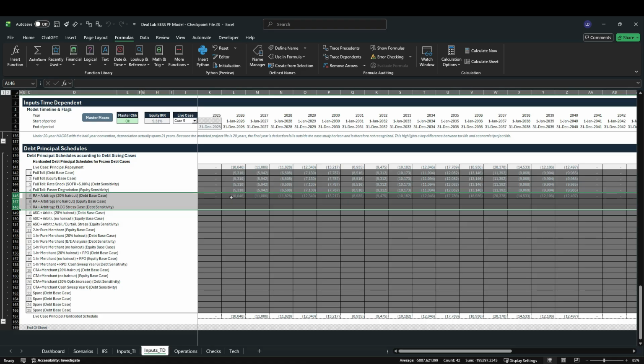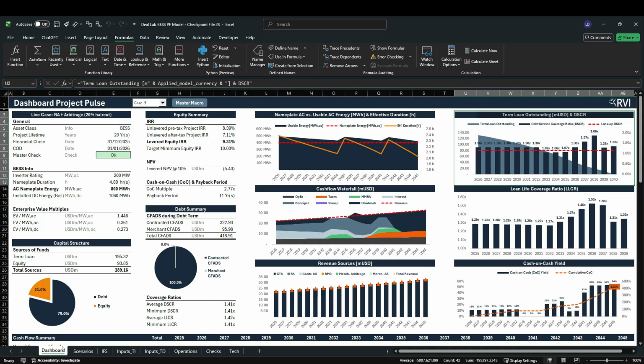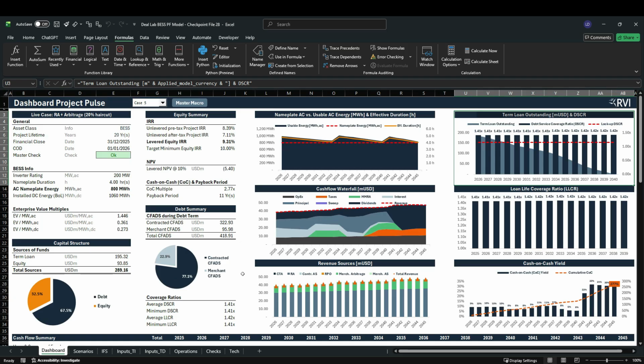And you will see that we now have a debt schedule pasted. Let's move to our dashboard and see what that looks like. First thing you will notice is that we now have 2 augmentations that occur earlier than in the previous case. We have a blended DSCR that sits between 1.3 and 2.0. 1.3 was our sizing DSCR for contracted revenues, 2.0 for merchant revenues.